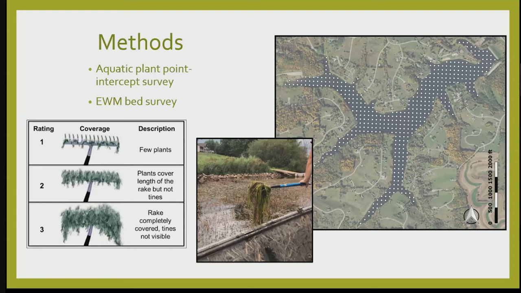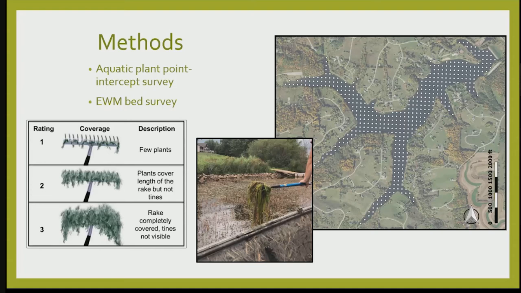The second survey, the Eurasian water milfoil bed survey, involved us driving along the areas where milfoil was found and delineating the beds of dense milfoil. Pictured in the bottom middle is a very dense area of Eurasian water milfoil and a rake sample being taken.